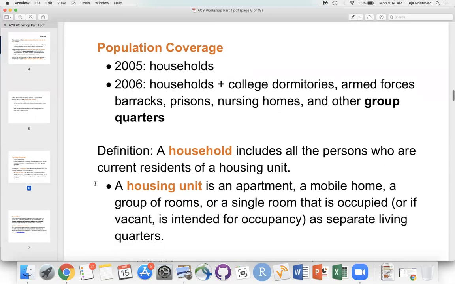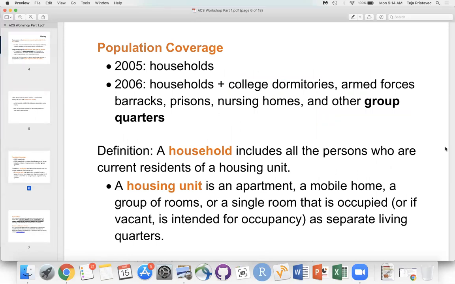As far as coverage goes, like I mentioned a couple times now, this is a household survey. You'll see that some of the variables are calculated at the household level, or most of them. Some of them are family and some of them are population in general. But in principle, it's the householder who responds. In 2006, they also added what we call group quarters.